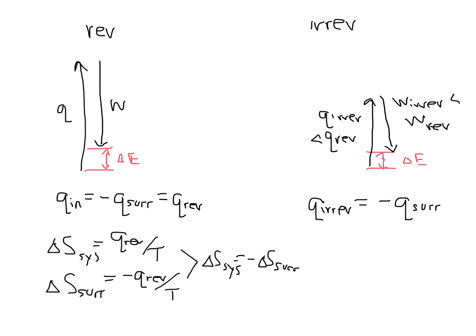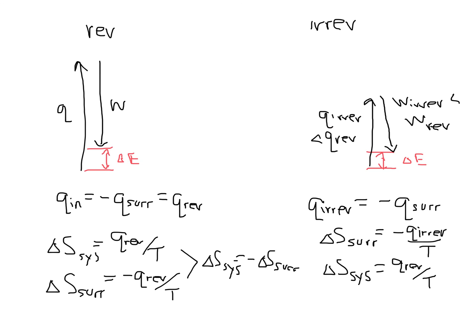That heat transferred from the surroundings is transferred reversibly, and so when I calculate delta S for the surroundings, I have to use the irreversible, the actual amount of heat that gets transferred. However, to calculate delta S for the system, I must use the reversible amount of heat, because the second law tells me that I must imagine a reversible process.